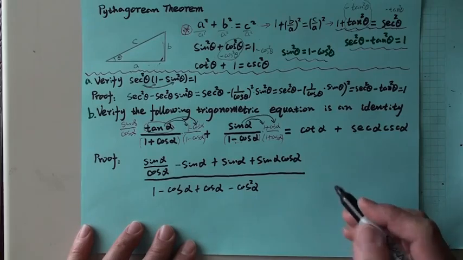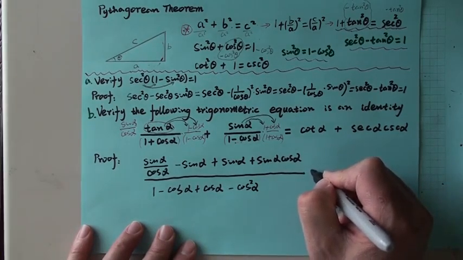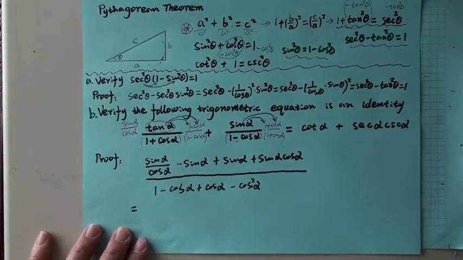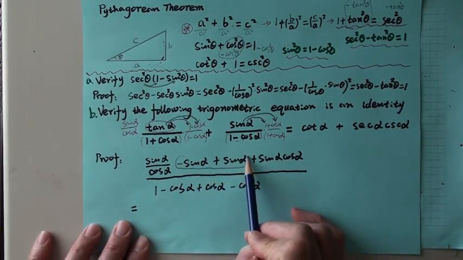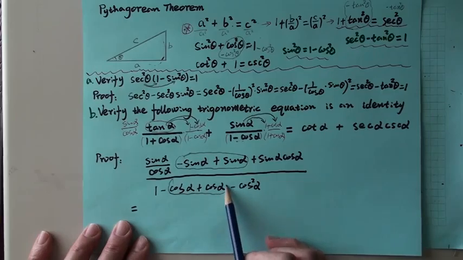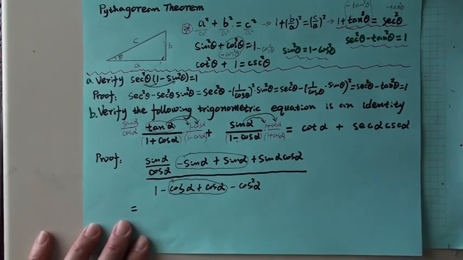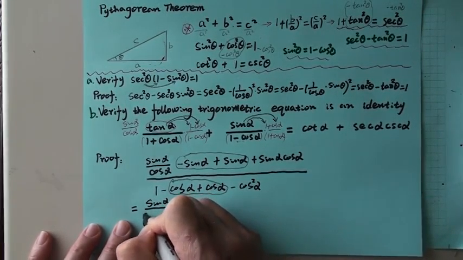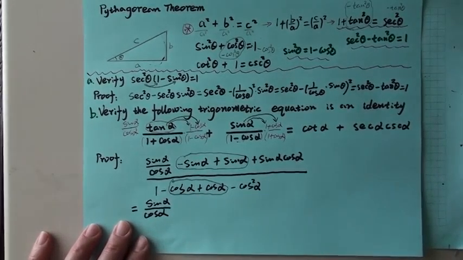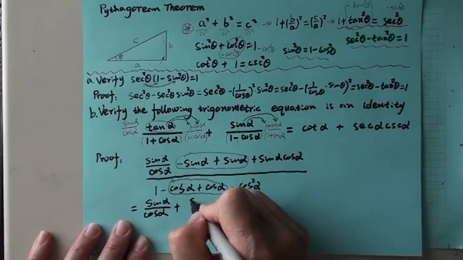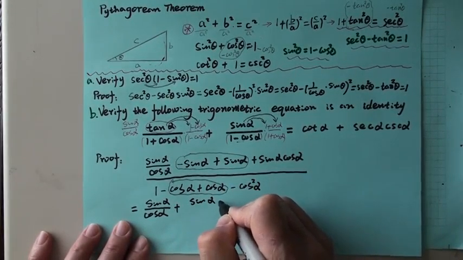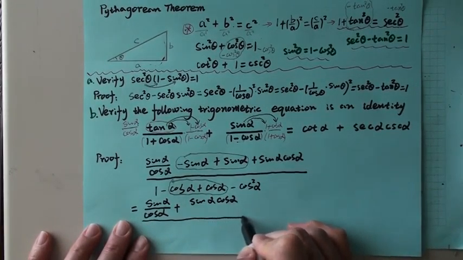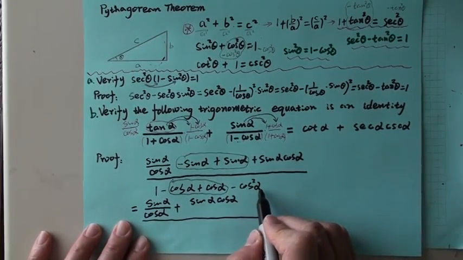Okay, now keep going. Down here we can do something: those two are cancelled, and those two are cancelled. That's good news. So then what we have is sine alpha over cosine alpha plus sine alpha cosine alpha, divided by 1 minus cosine alpha squared.